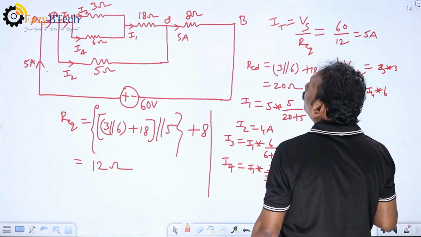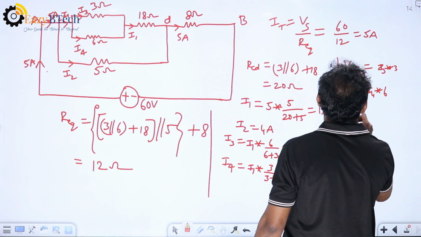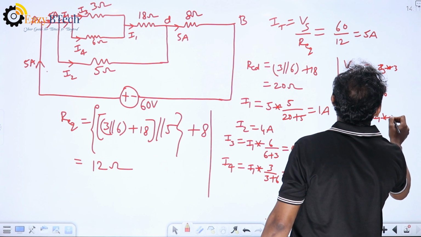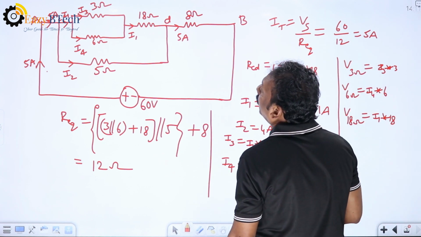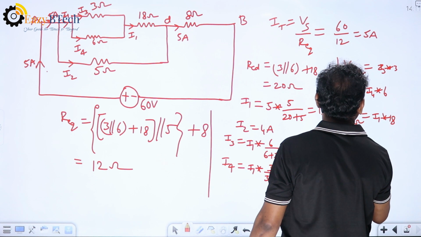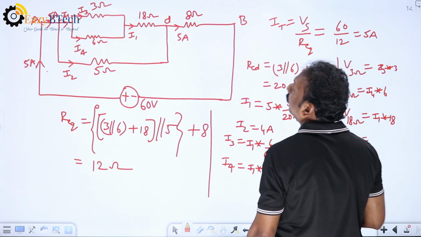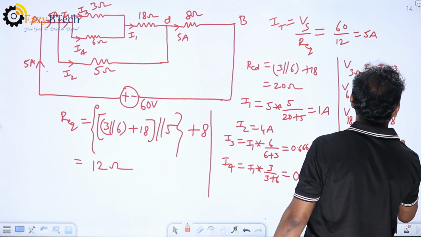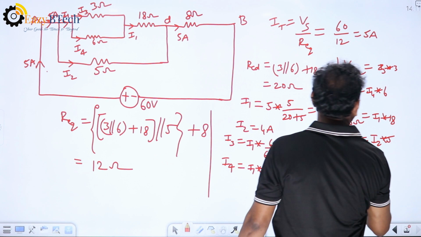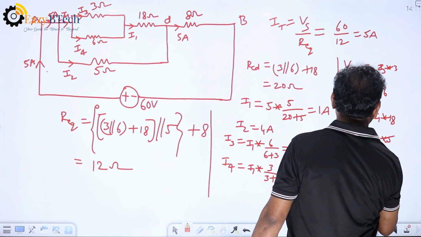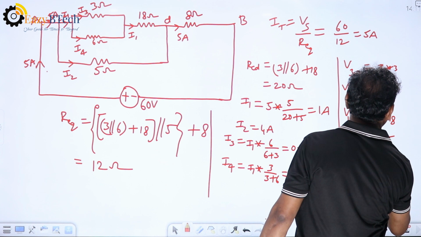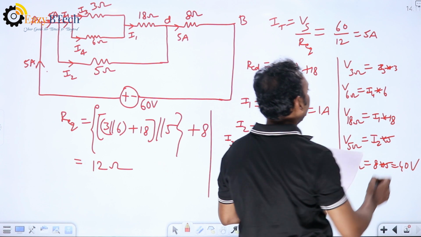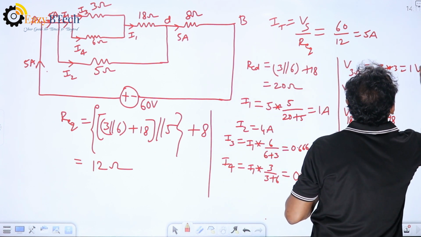Similarly, voltage across 18 ohm is I1 into 18. Next, voltage across 5 ohm is I2 into 5. Voltage across 8 ohms is 8 into 5, we'll get 40 volts.